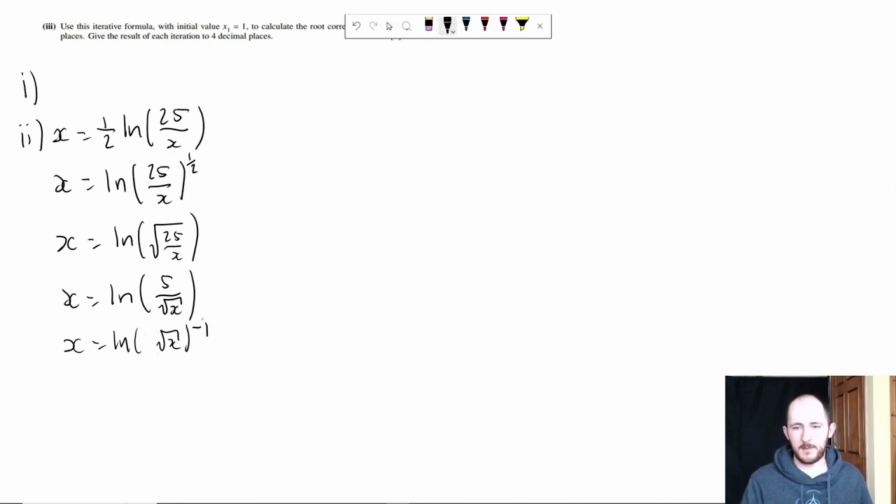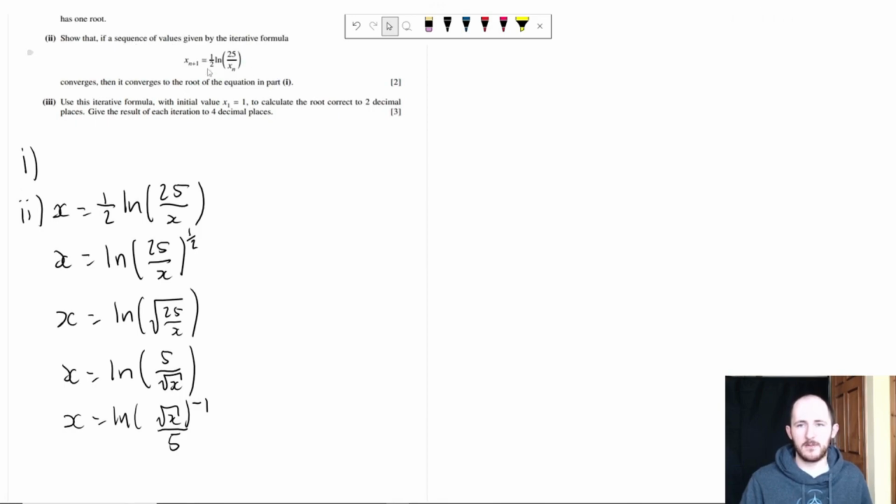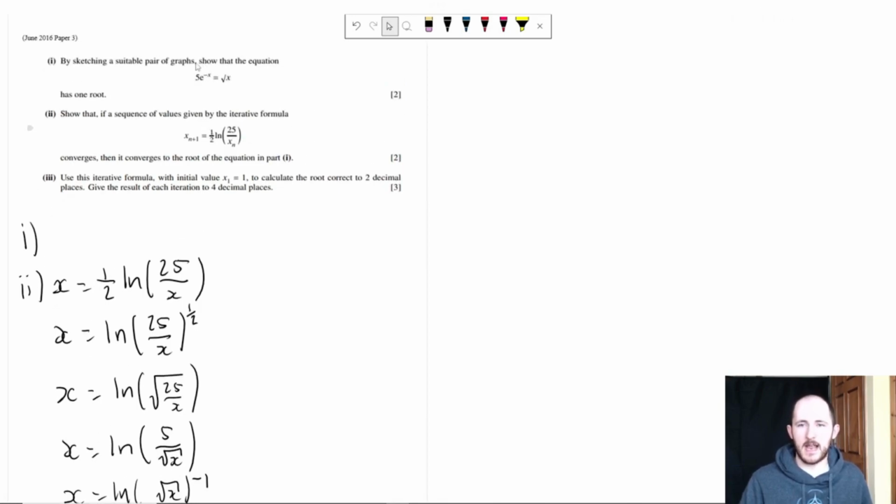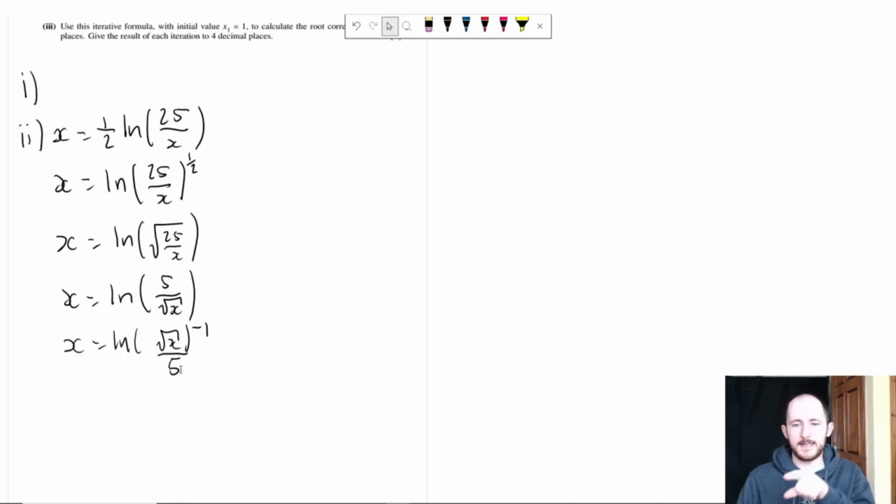All I'm doing is flipping the fraction. The reason is that if I look back at the answer, the 5 is actually on top, so I need to times both sides by 5 at some point. The only way for me to do that is if the 5 is on the bottom. That was my logic, and that's why I quickly changed it. Using the power rule again, I'm just going to make that negative ln root x over 5.